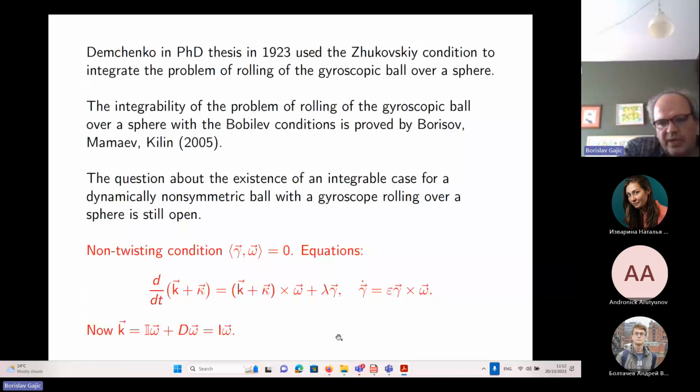Now in the equation we have this additional term, and now k is equal to E omega.